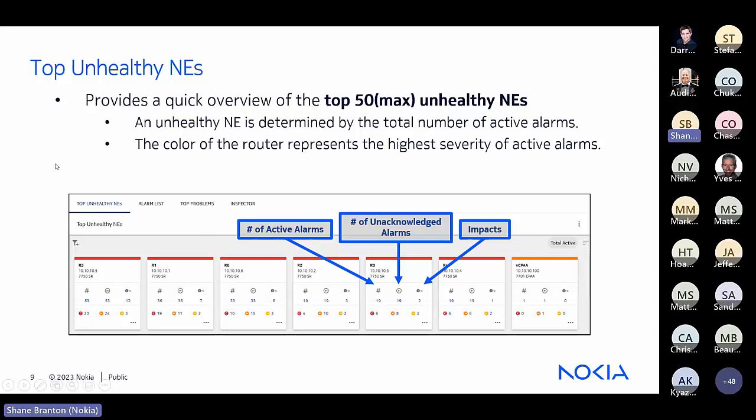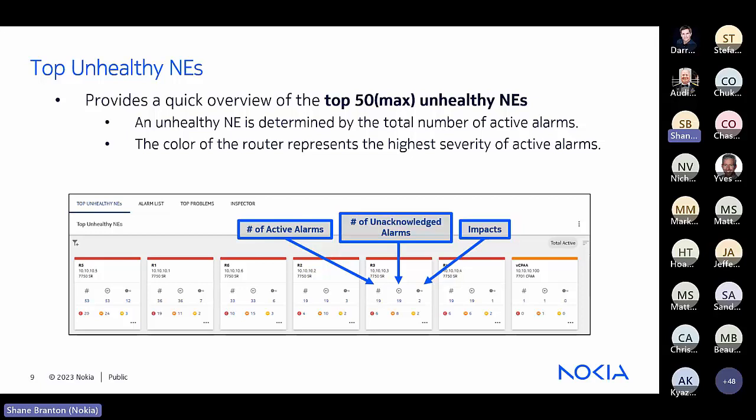So first of all, top unhealthy NEs. You can see they're in bold, and this is a very, very important point, okay? And this may actually determine your starting point, but I'll also show you where inspector comes into play. This is going to show you the top 50 unhealthy NEs in your network. Okay, so keep that in mind, because I get a lot of questions where people say, well, I got thousands of routers on my network, and what is this going to look like when I have 1,000 routers?